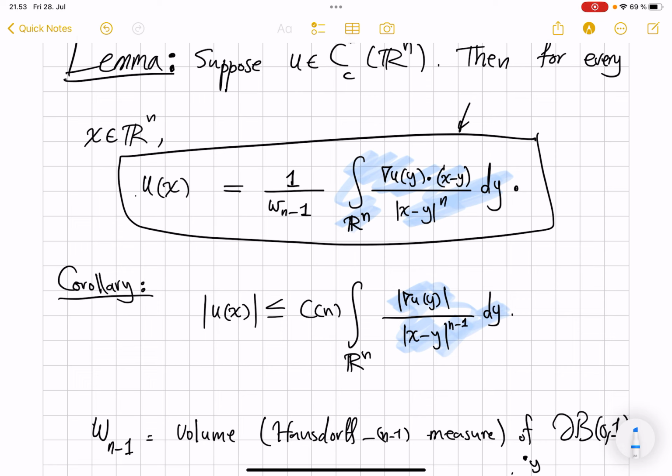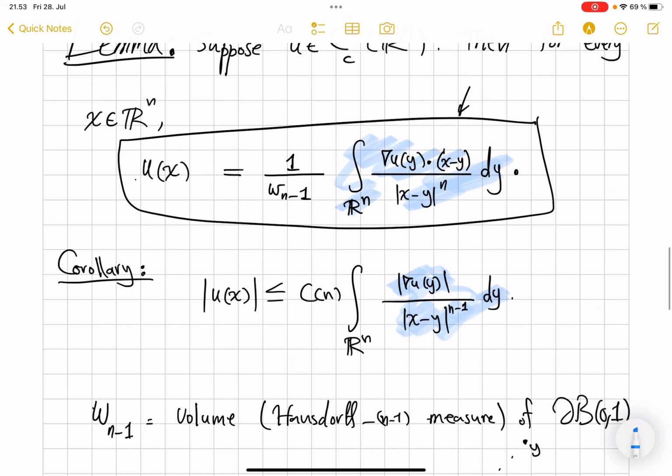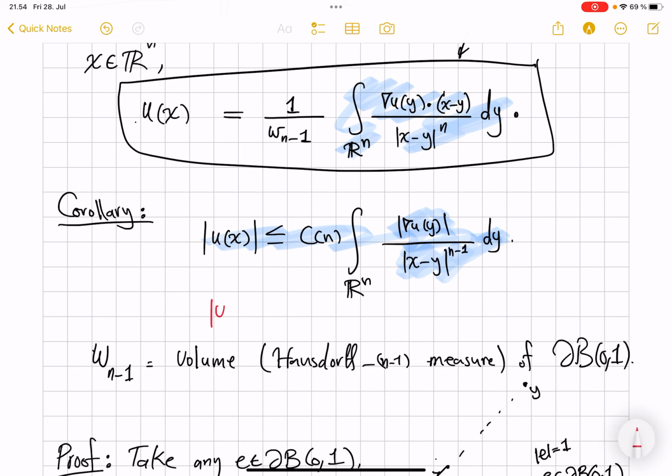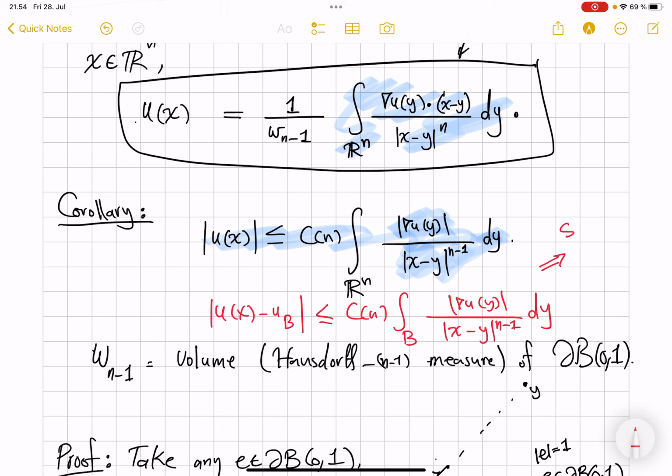In future videos, we will show how this inequality or its cousin inequalities, where you have, say, u of x minus u average over a ball less than some constant times integration over the ball of the same object, which has a proof similar to what we did, can lead to Sobolev and Poincare inequalities, even for the range p strictly bigger than n, where you get Hölder continuity.